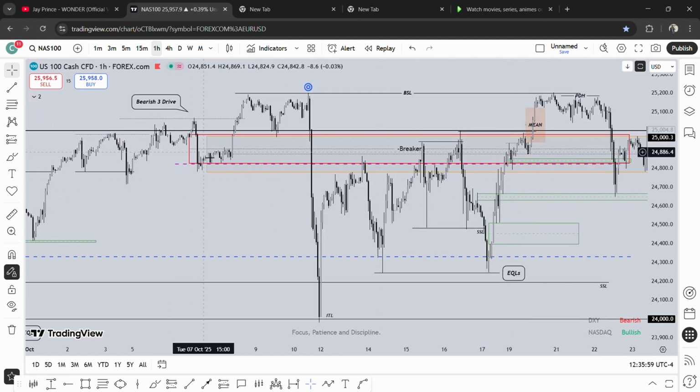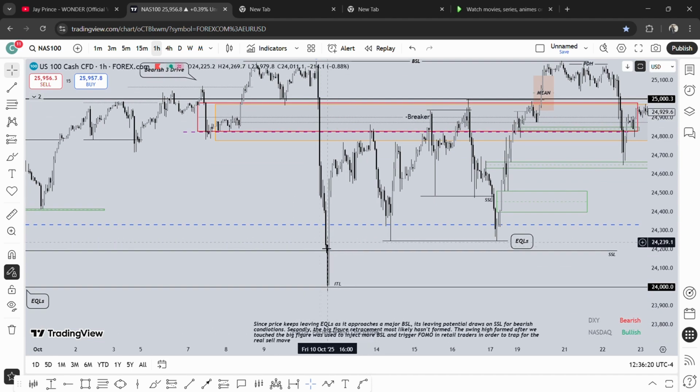Again, price pushed sell side liquidity, expanded higher into this resistance level over here, and then we made this retracement back into this. This is our order block, our bullish order block right here, and it's a very good order block because it formed up exactly on this sell side liquidity level.